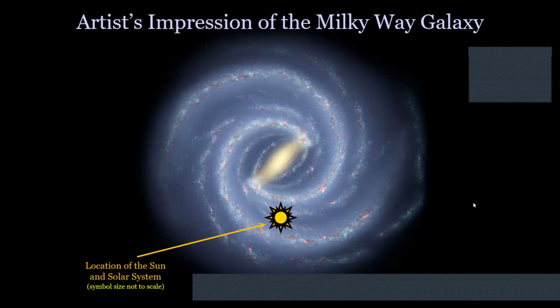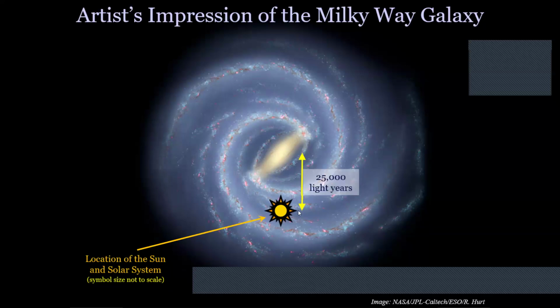So, okay, let's continue. We are currently standing at around 25,000 light years away from the center of the galaxy. You remember that yesterday, if you were in yesterday's session, we mentioned how in astronomy we don't use light years too much, like for data analysis. We tend to use more parsecs.